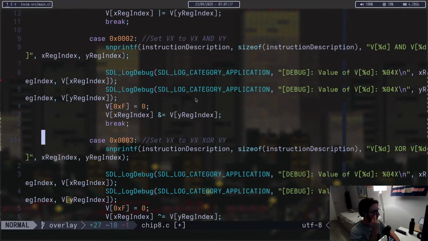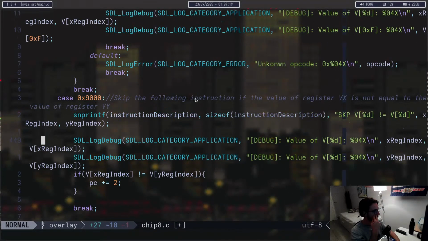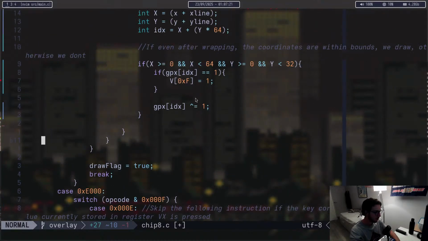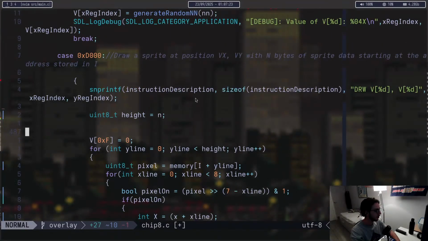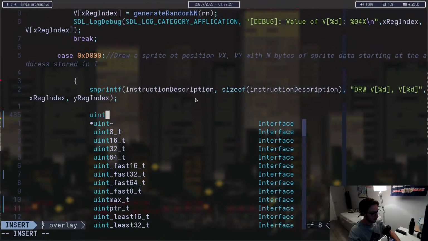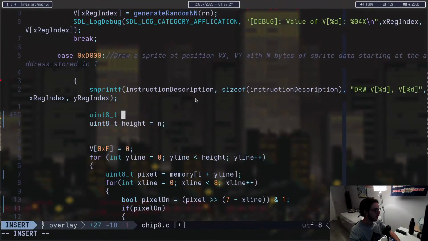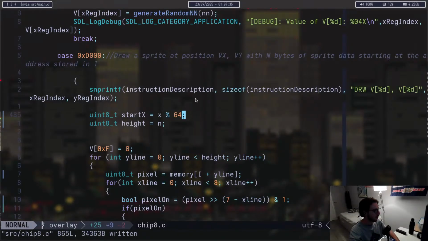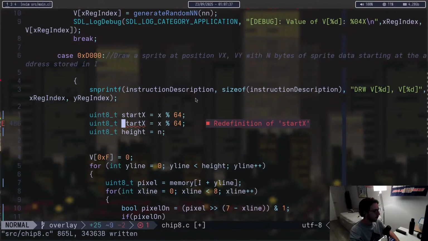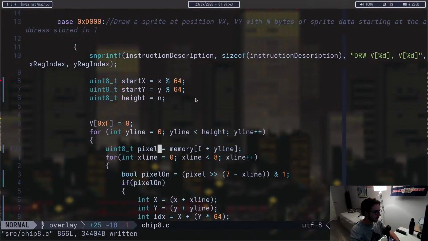Let me put this in here and then I'll say, I mean, you still wrap no matter what, but start x equals x modulo 64. Okay.